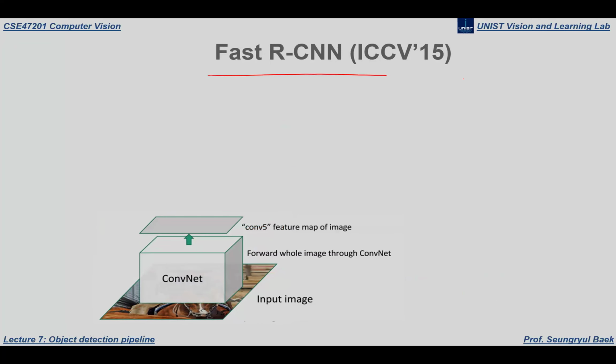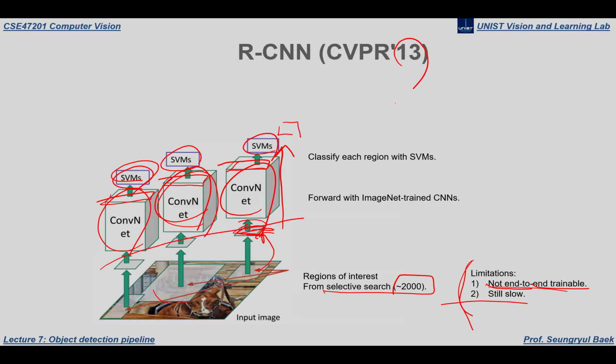So Fast RCNN means this architecture is becoming faster than RCNN, and at the same time, its accuracy is also becoming more robust. This was published at a conference called ICCV 15, the year 2015, but the previous one was initially proposed in 2013.